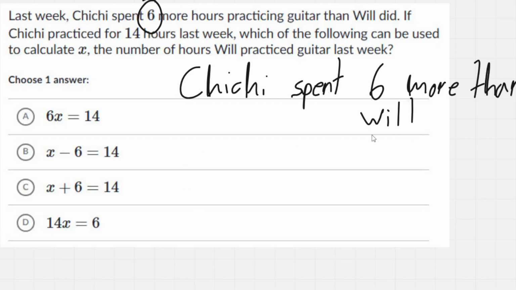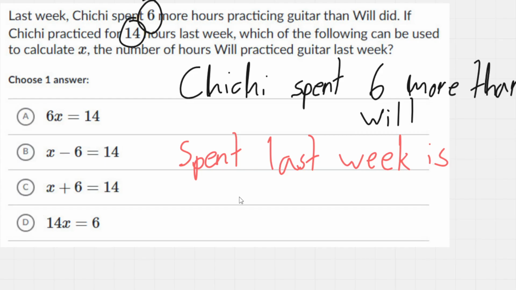Now, the next part is we want to acknowledge what 14 is. Gigi practiced for 14 hours last week. So we will say that our practice time, right? This is statement 2. I'm going to put it in a different color. Statement 2 is saying that the time spent last week is plus 14 for Gigi specifically.